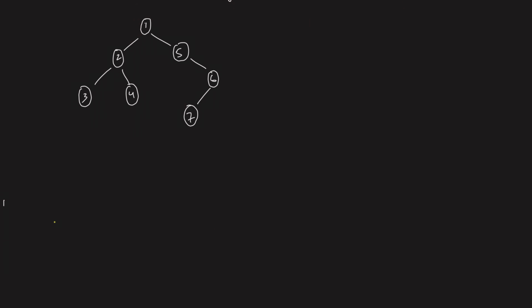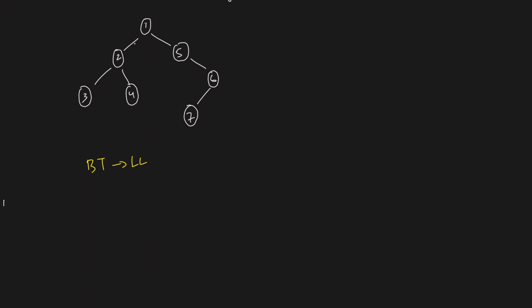Okay, so let me explain what my thought process will be. Since this binary tree has to be converted into a linked list, and essentially it's a pre-order, correct? So logically, this 4 should always connect to this 5, right? That's the logic. Why does this 4 have to connect to 5?